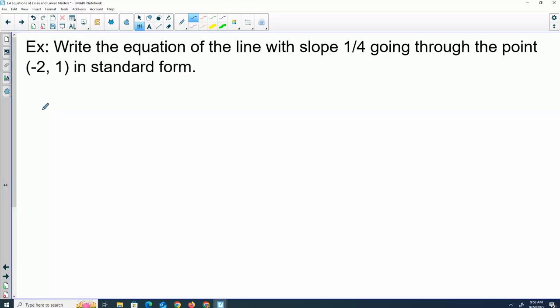So let's say I asked you to write the equation of a line with slope of 1/4, going through the point (-2, 1), in standard form. So we start with either point slope or y equals mx plus b, if you prefer that method. If you do point slope, your y minus your y value equals your slope, times x minus -2, so x plus 2.